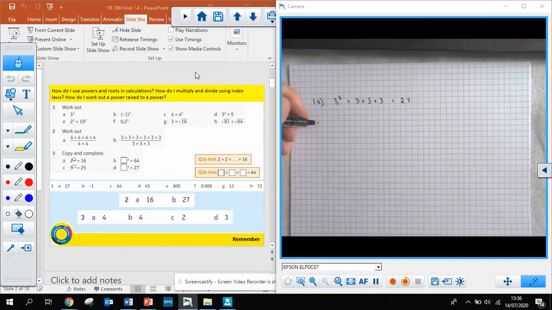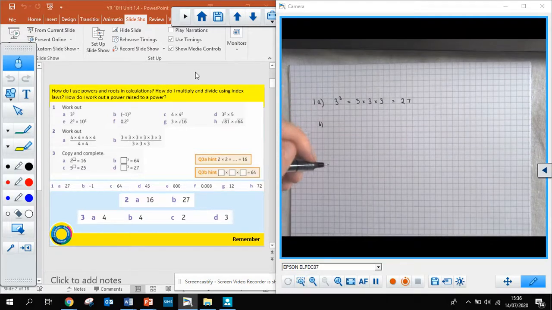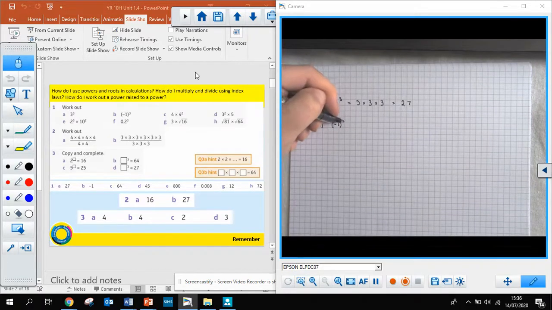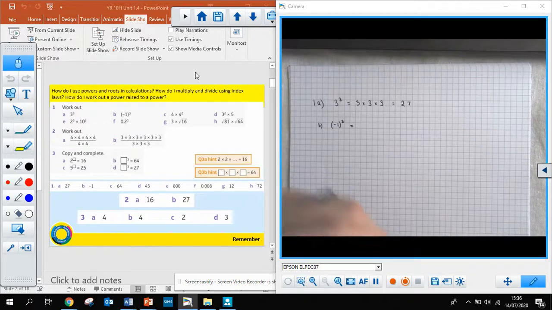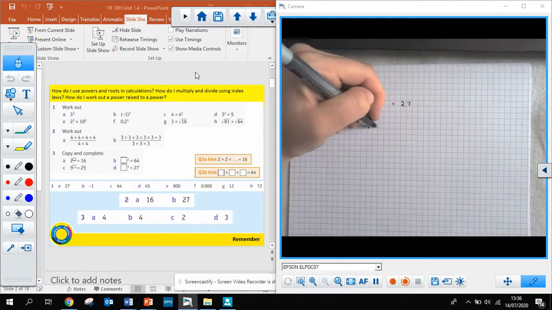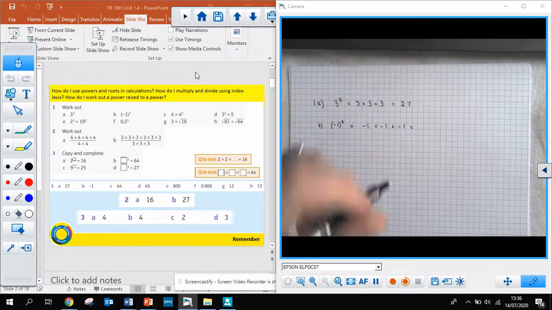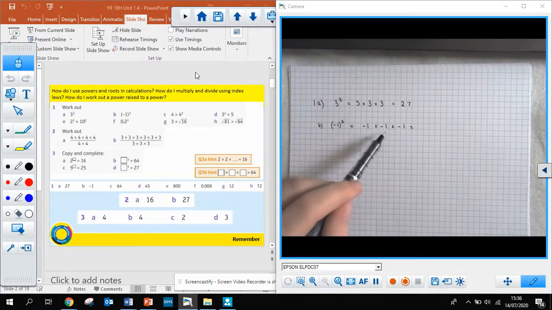Part B wants to know the value of -1 cubed. Okay? So that means -1 multiplied by -1 multiplied by -1. So the thing that's important here is to consider your signs. Okay?